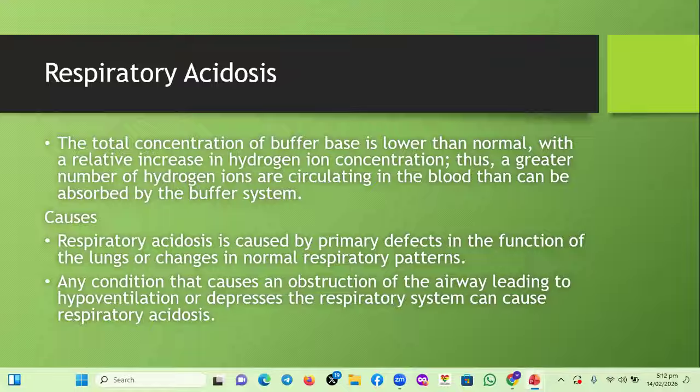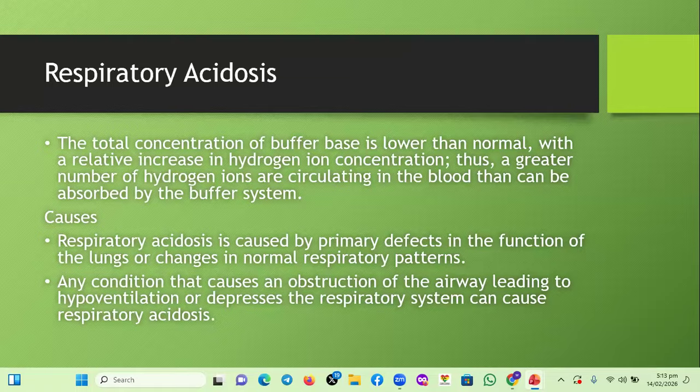If someone gets a respiratory condition and, as a result, is not able to breathe adequately or normally, or the breathing pattern is affected, the person tends to retain more carbon dioxide. That leads to more hydrogen ions in the blood, and that leads to what we call respiratory acidosis.